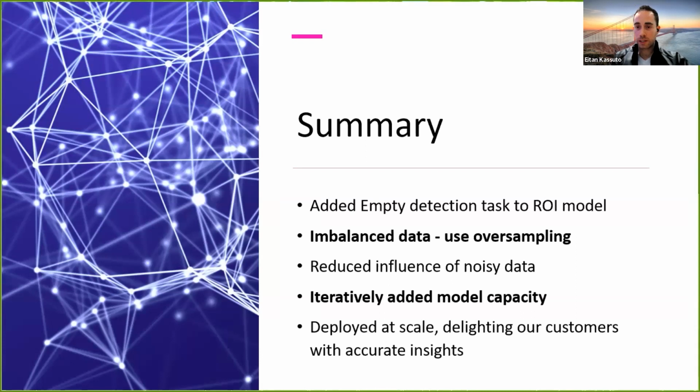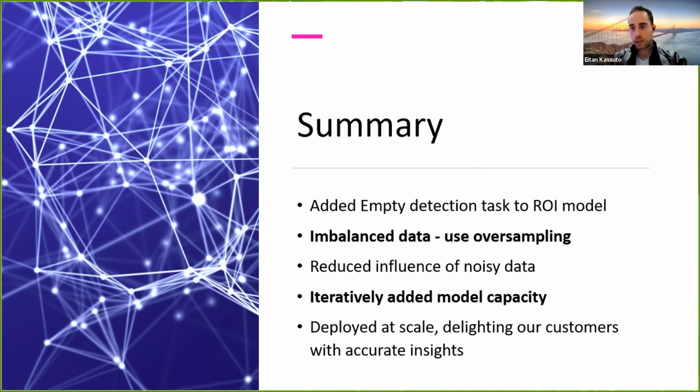Okay, so in summary, we added empty detection to the original ROI model, and we did it without degrading ROI performance. We dealt with imbalanced data by using oversampling, and reduced the influence of noisy data by specifically dealing with it in the loss function.